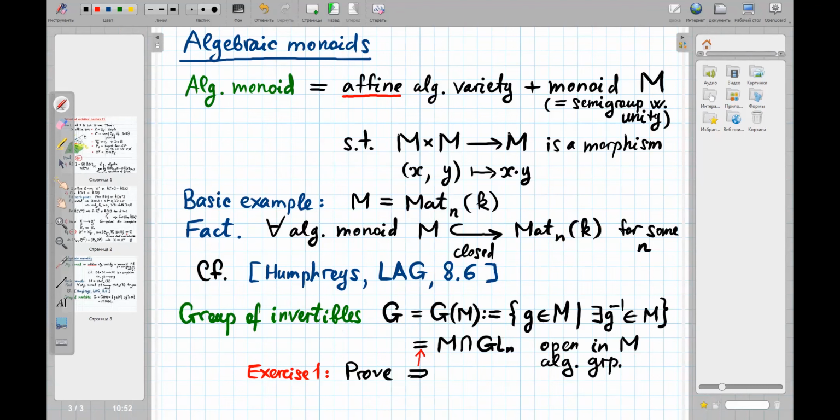So the group of invertible elements is an open algebraic subgroup in the algebraic monoid M. There is a close relation, actually, of algebraic monoids and algebraic groups. And this relation becomes even closer if we assume, and we shall do it for the sequel.